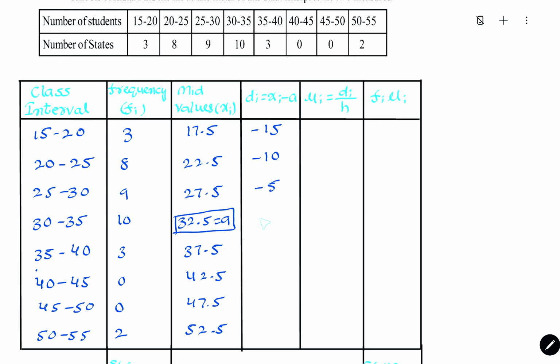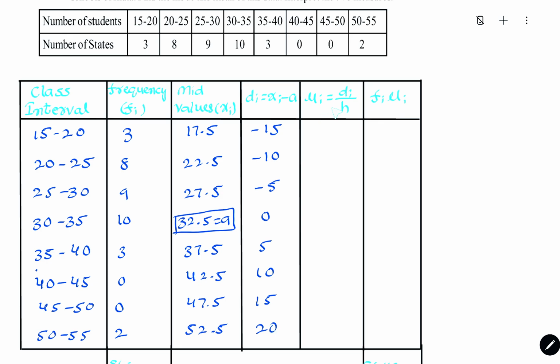Here 32.5 minus 32.5 is 0. 37.5 minus 32.5 is 5. 42.5 minus 32.5 is 10. 47.5 minus 32.5 is 15. 52.5 minus 32.5 is 20.